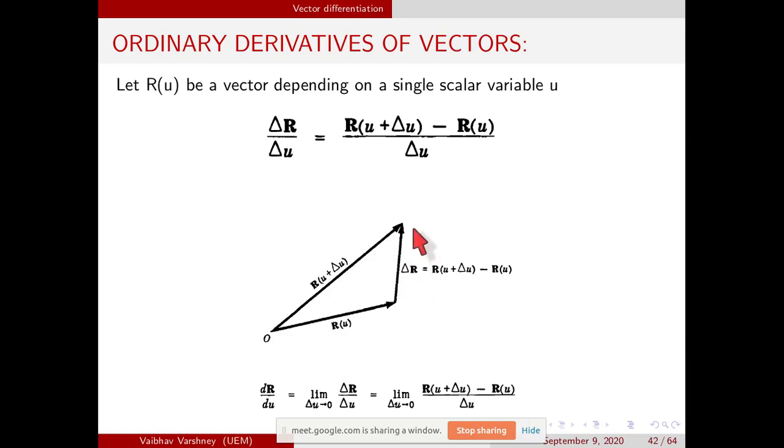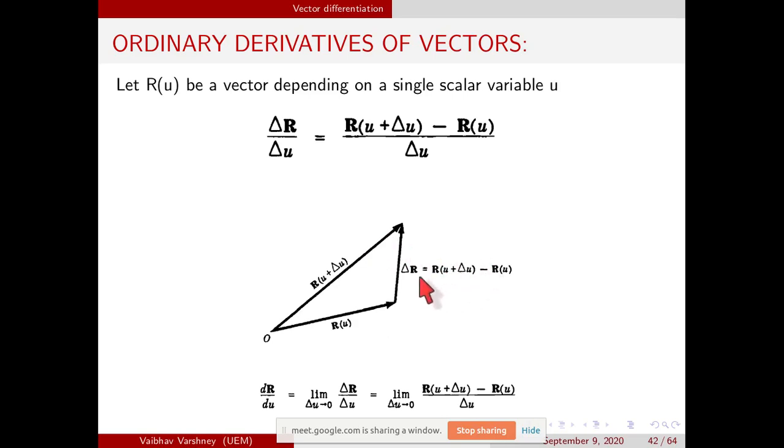So if you calculate this third vector, can anyone tell me how this comes out to be R of u plus delta u minus R of u? Triangle law. Exactly. If we apply the triangle law of addition, then this vector plus this vector is equal to this vector.